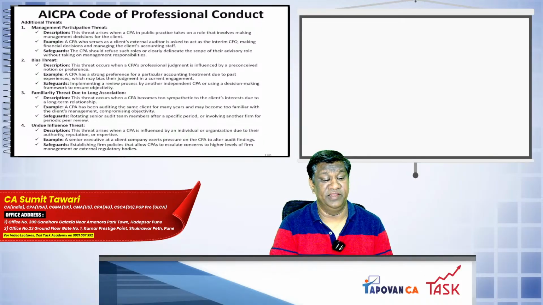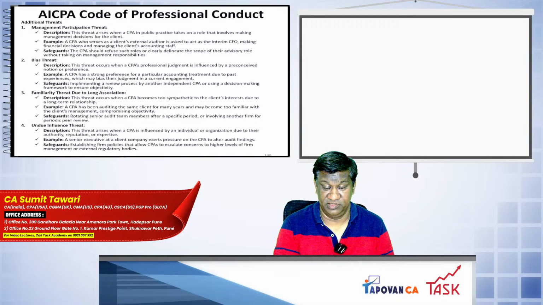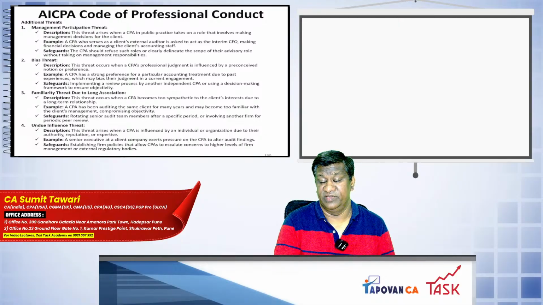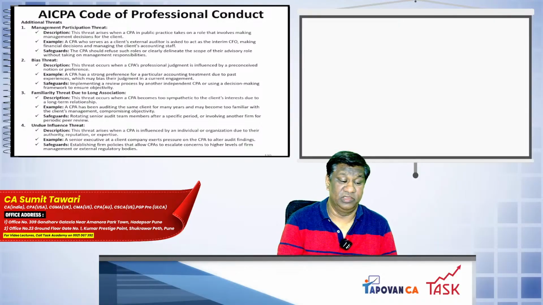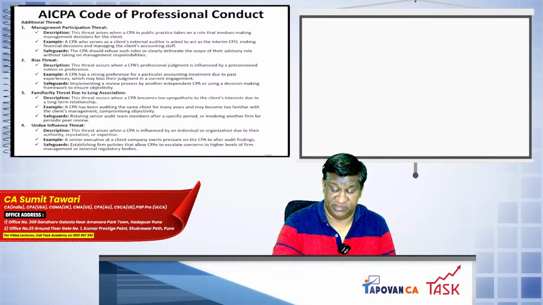If you are performing any management tasks, like preparing the balance sheet for the management, or hiring staff for your client, that is basically the management participation threat. Hiring staff, preparing financials. These are all tasks which management is supposed to do, but as you are doing them, that is basically the management participation threat.